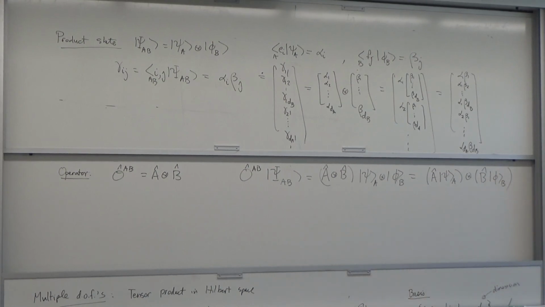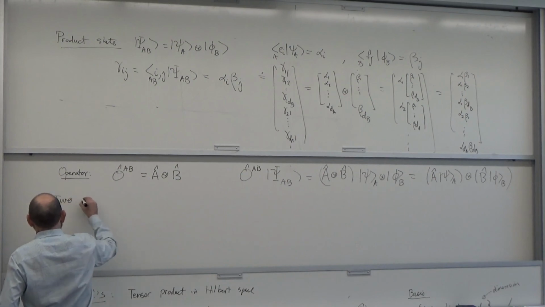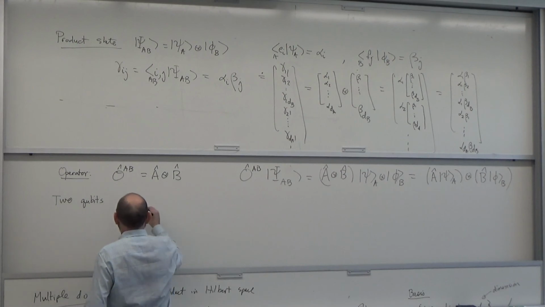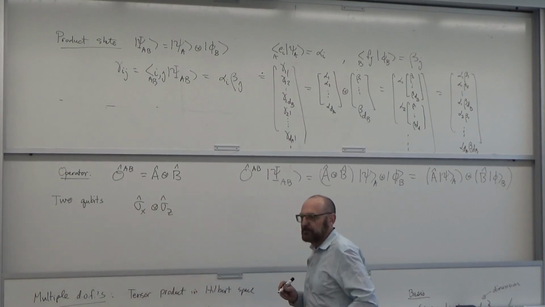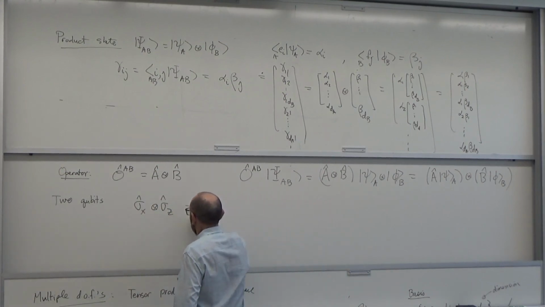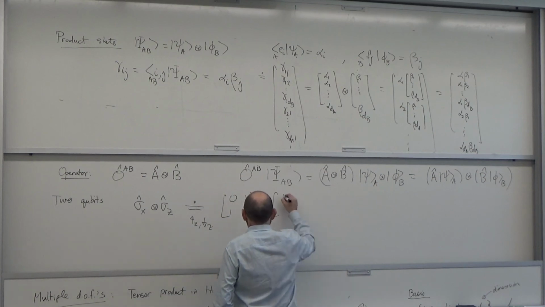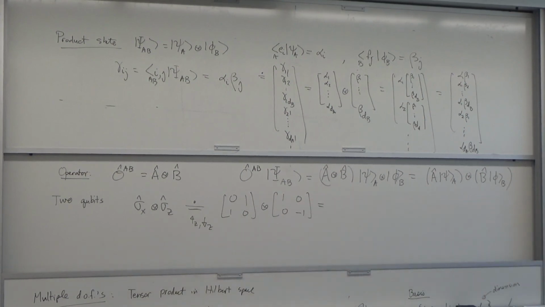And with that, we can look at matrix representations, right? So the matrix representation, for example, let's say I have 2 qubits. And let's look at the matrix, oh, I don't know, sigma x tensor sigma z. Okay. In the standard basis, the spin up and down along z basis, sigma x is that, and sigma z is that. So how do I take that tensor product?